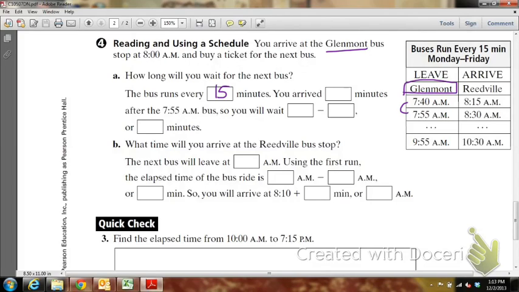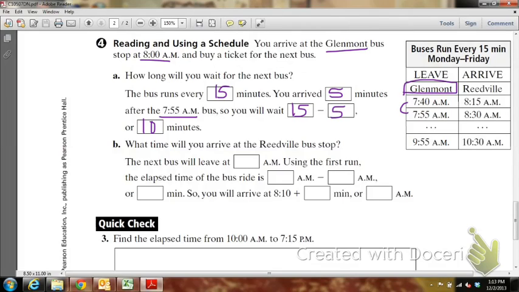So if we arrive at 8 o'clock, you arrived how many minutes after 7:55? Well, 8 o'clock is 5 minutes after that. So if it's every 15 minutes, you arrived 5 minutes in, you have to wait 10 more minutes until the next bus. Then what time will you arrive at the Reedville bus stop?